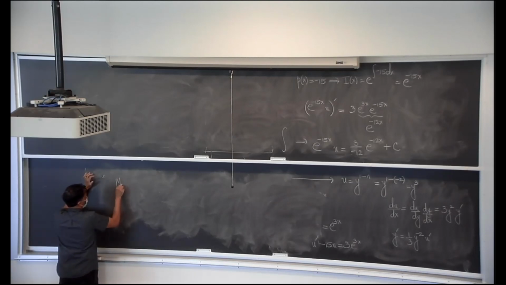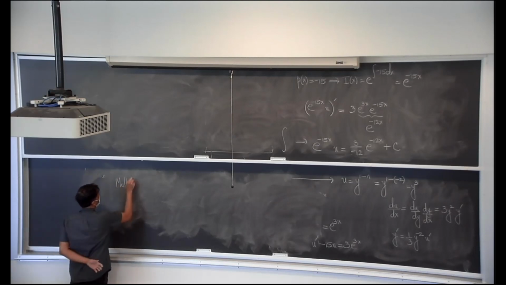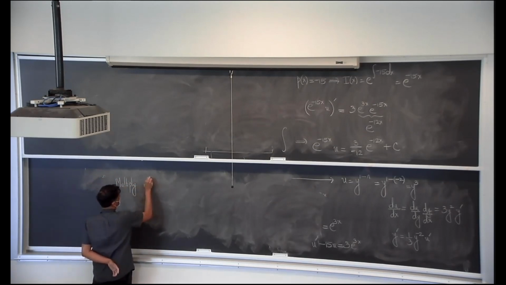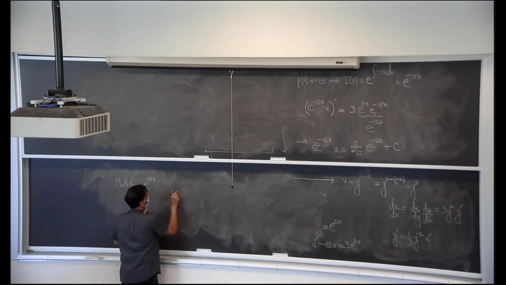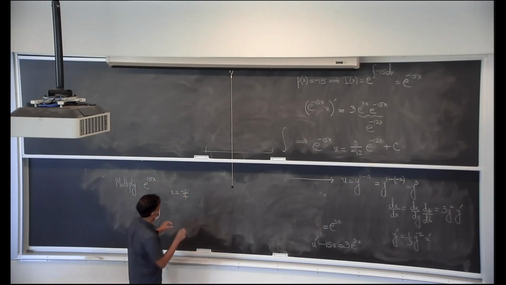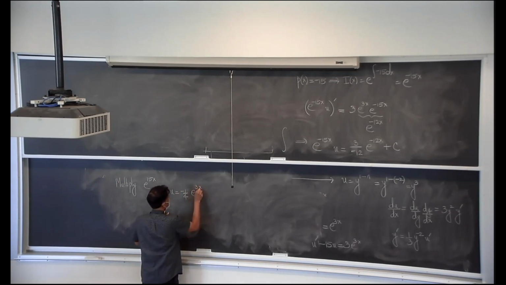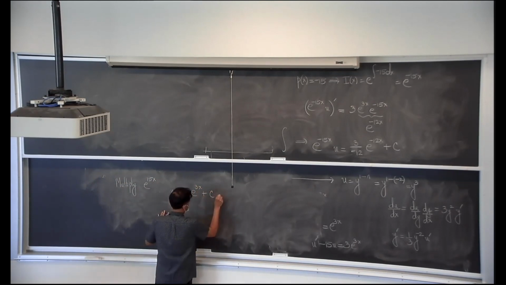So multiply e to the power of 15x on both sides, and you get u equal to negative 1/4 e to the power of positive 3x. That's 3 times e to the power of 15x.